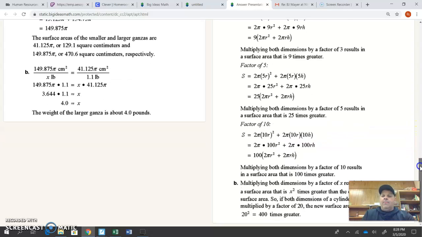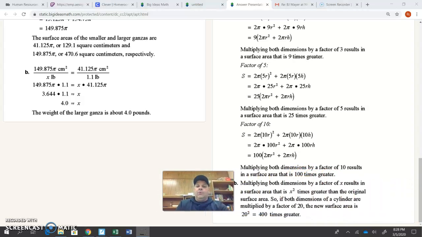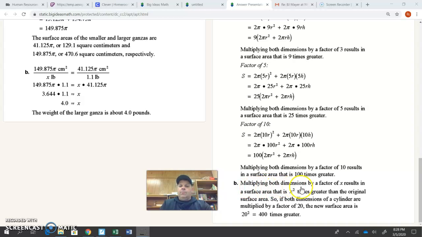And if we multiply it by 10, we get 100 times bigger. So what you can hopefully see as I move myself out of the way is that multiplying both dimensions by the factor of x results in the surface area that is x squared times the original surface area. So if both dimensions of the cylinder are multiplied by a factor of 20, the new surface area is 20 squared, which is 400 times greater.